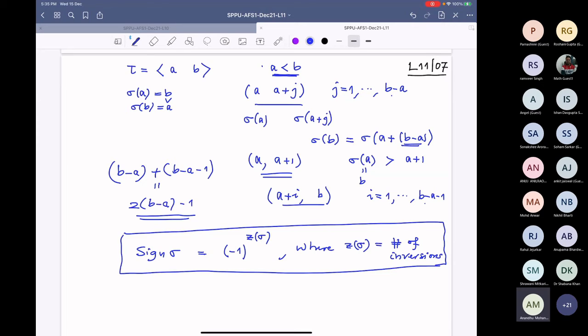No, here I could check that because I have a transposition. In general, writing down inversions will not be so easy. See, this is a transposition, so it was easy because I took those points A and B, assumed A is bigger than B, and then I checked somebody from here and somebody from there.